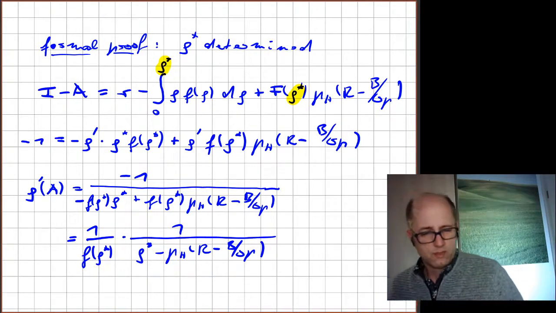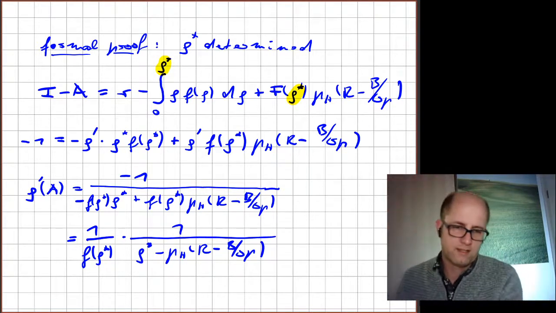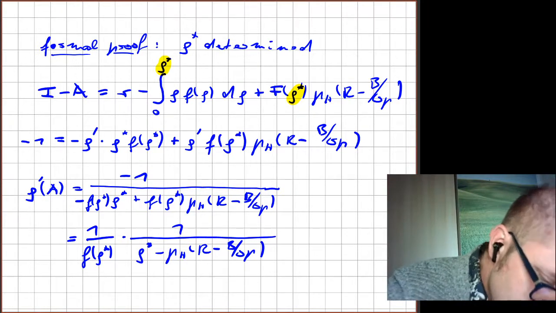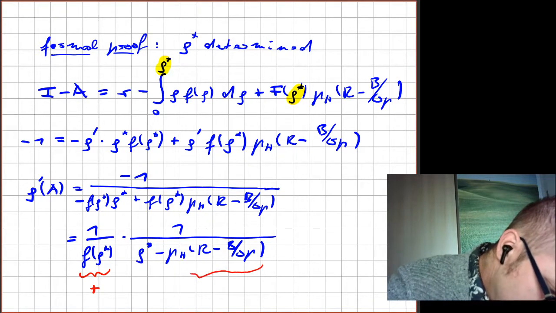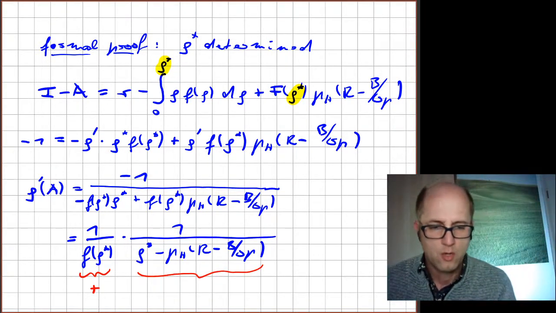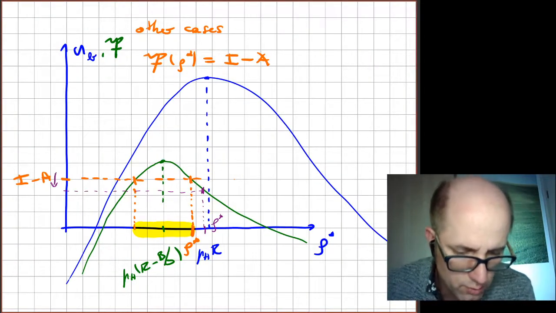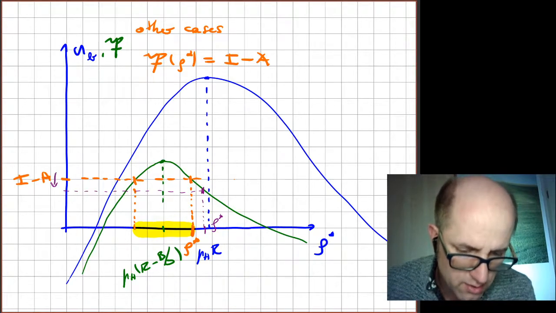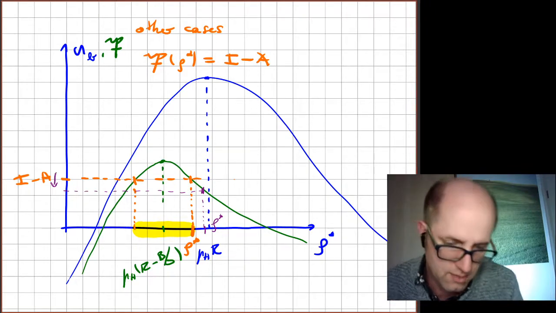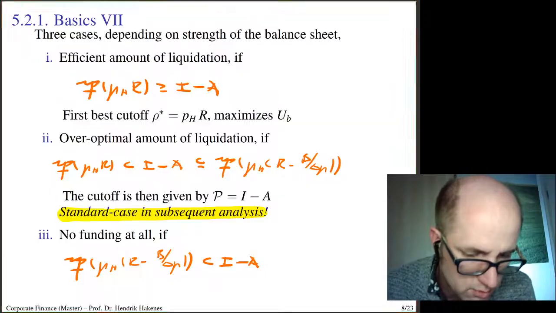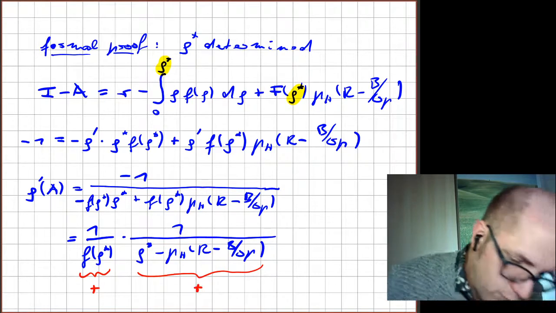All right, so we now want to know, is this positive or negative? So let's see. This here has to be positive. And this here, well, we know from the picture that we are here and the rho star is larger than pH times (R minus B over delta P), because we're in this interesting case, okay? Rho star is larger, so this is also positive.